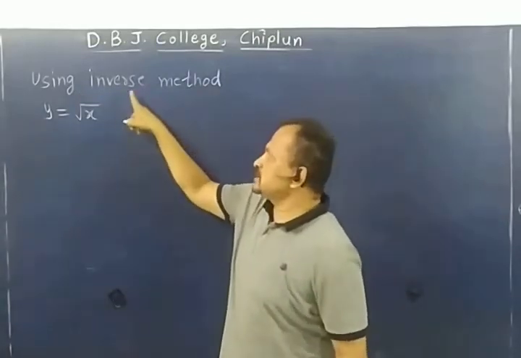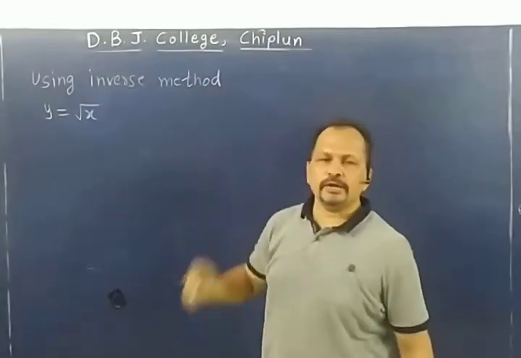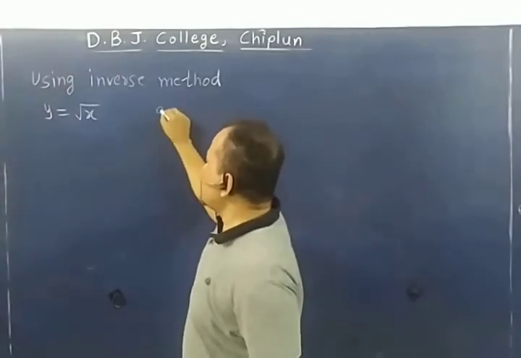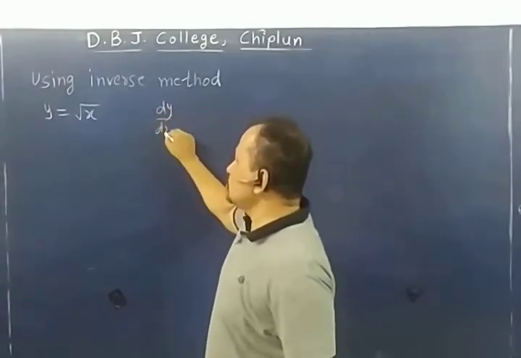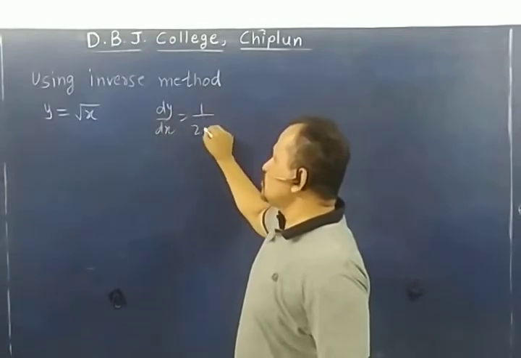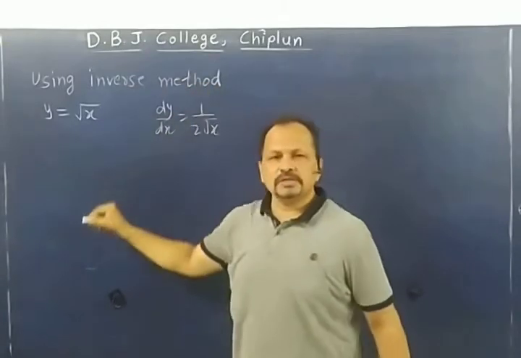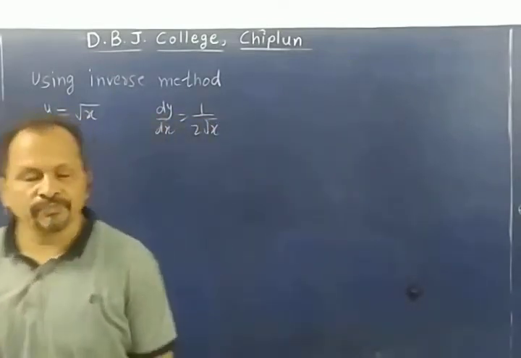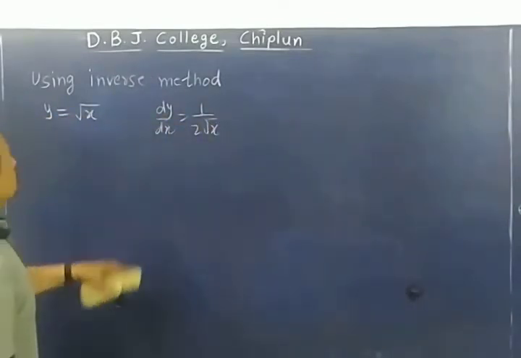Using inverse method, we need to find out derivative. We know that if y equal to root x, then dy by dx is equal to 1 upon 2 root x. We want the same answer using inverse method. Let us see how to find out this.